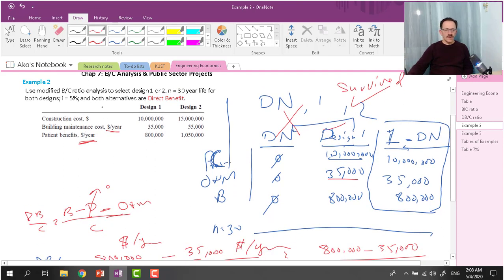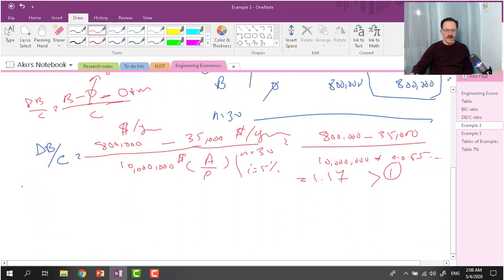Now we are going to compare between 2 and 1, because 1 survived. In the same procedure, we have to find between 1 and 2.